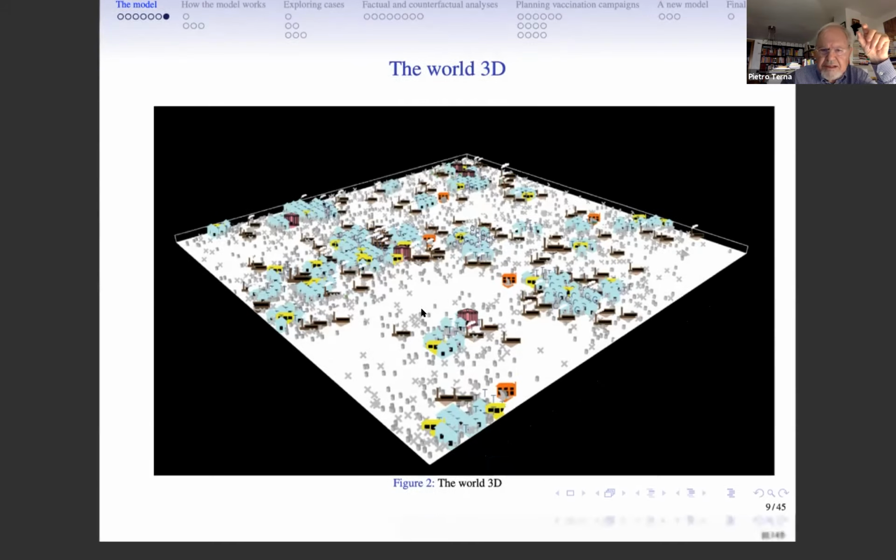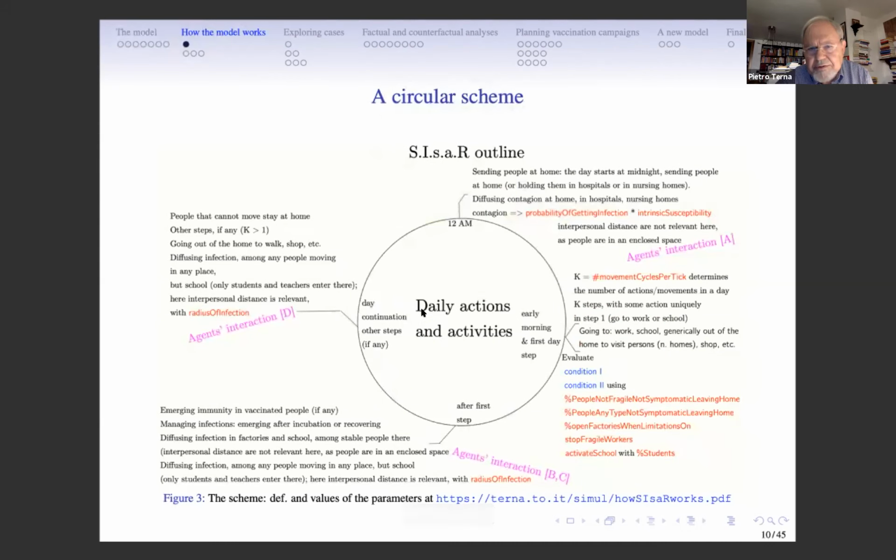This is the structure of the model represented by a circular scheme repeated each day of the simulation. The duration of the simulation is the duration of an epidemic until no more infected agents are in the world. We have the night with the interaction among agents in houses. We have the daily activities, one or more, following the rules of the lockdown.